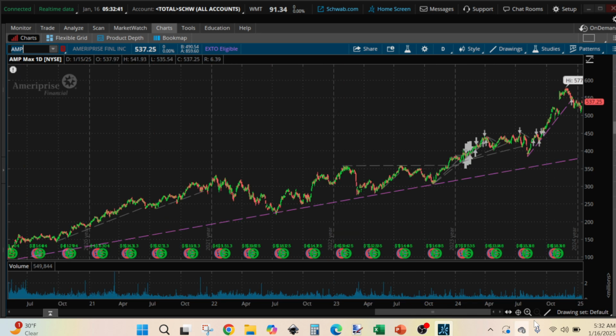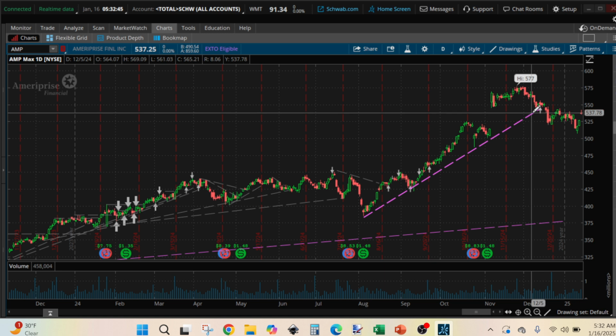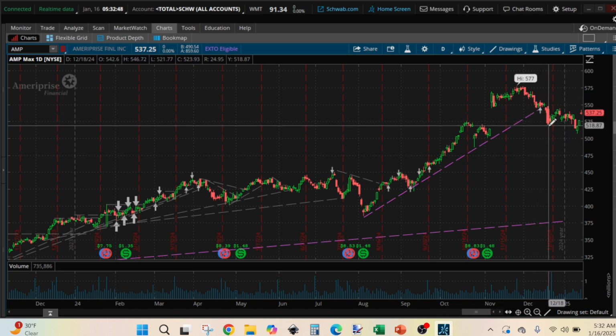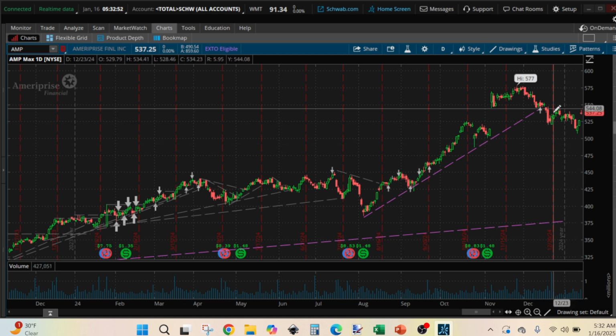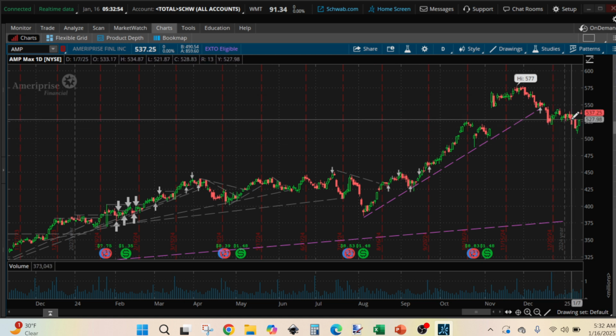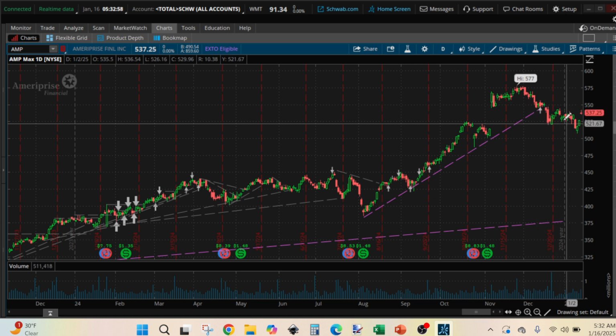AMP. AMP, we bought it at this trend line, and then it went below it, but it still seems to be around that zone.